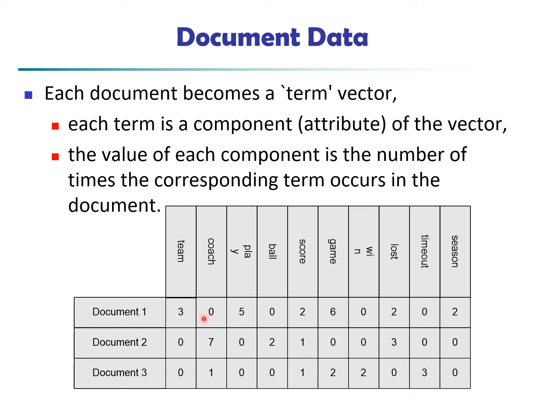So we are summarizing the document in terms of numbers. We're saying that document 1 can be summarized using this term vector. Same goes for document 2 and document 3. As I said, this can be a Word document, a PDF document, or an HTML document containing text.